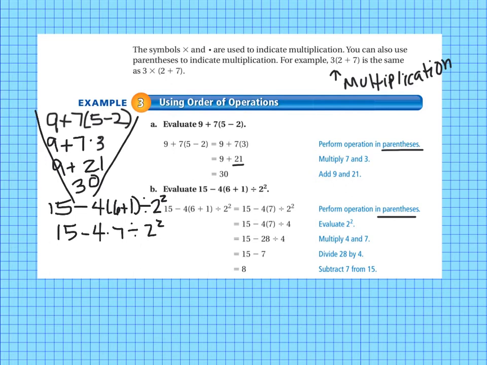So our next step is exponents. So we're evaluating the exponents. 2 to the second power is 4. Put everything back exactly where it was. That's a multiply by 4. And a 15 minus everything. Then we do multiplication and division left to right, which leaves us multiplying 4 and 7. 4 times 7 is 28.